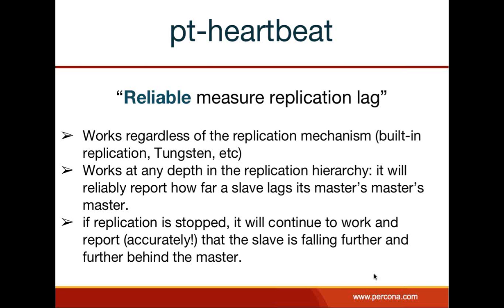It's a reliable way to measure replication lag. It's reliable because it doesn't depend on the replication itself. The classic way to find out if the slave has some lag with respect to the master is using SHOW SLAVE STATUS, but you can get erroneous measures with that.